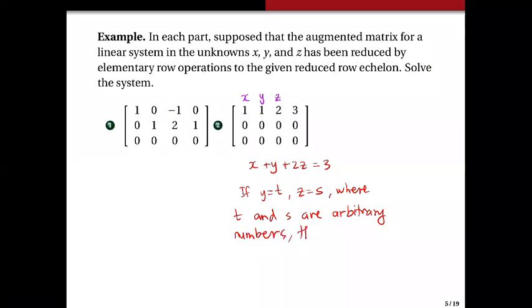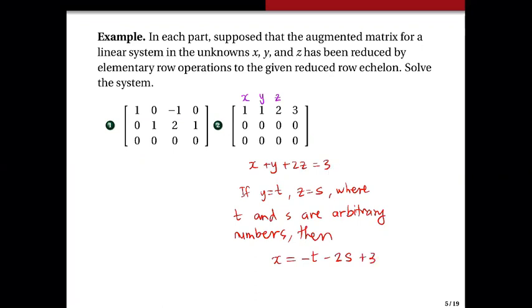Then you have x equals, you put this y and z to the other side of the equation, but y is t, so we have minus t, z is s, minus 2s, and then you have the plus 3.